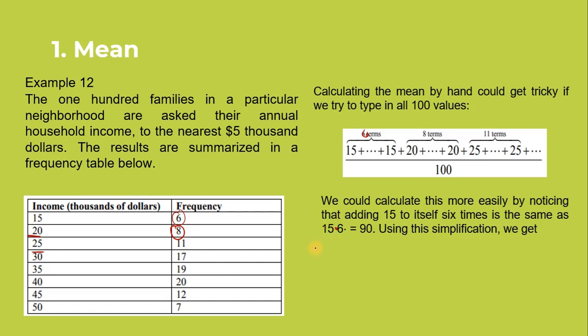This is what you call a weighted mean. Each value, 15, you multiply by its weight or frequency, so 15 multiplied by 6. This dot is also a symbol for multiplication. Then you add the next value, 20, which occurred 8 times, plus 25 times 11, plus 30, which occurred 17 times. Multiply them.